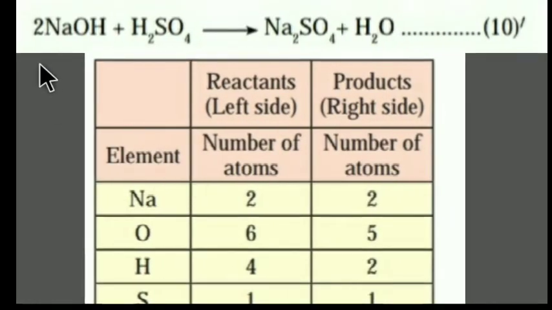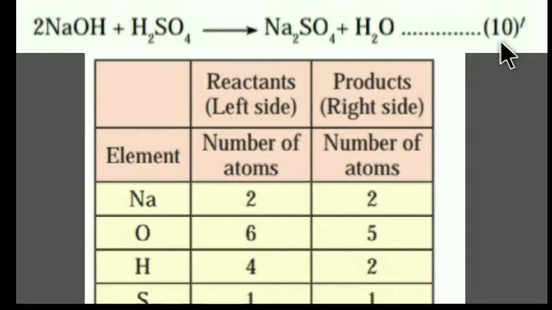When we apply factor 2 to NaOH, we get equation number 10(1), that is twice NaOH plus H2SO4 gives Na2SO4 plus H2O. Let's check whether equation 10(1) is balanced or not.